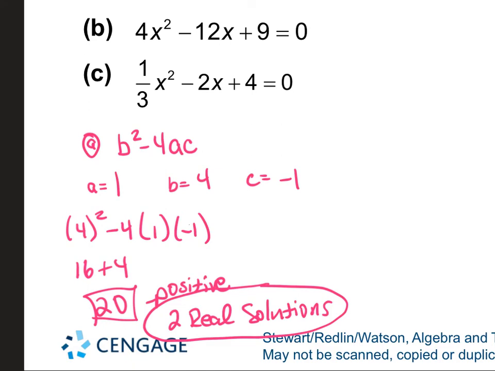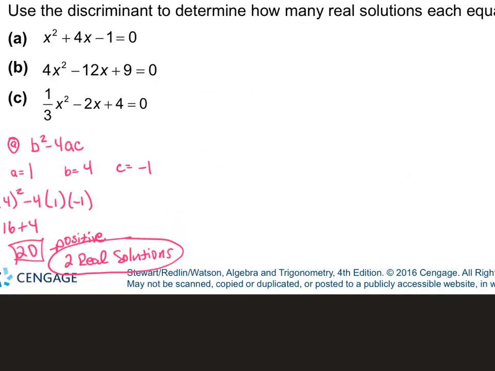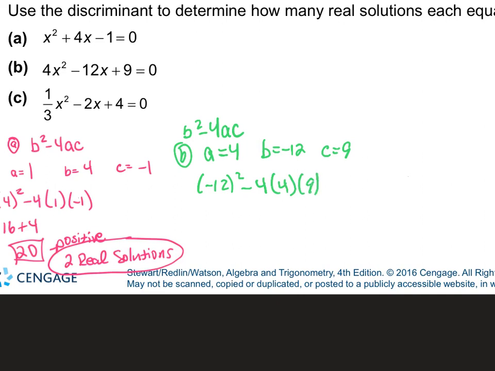So for letter B, I'm going to do the same thing. I'm going to write down the discriminant, b squared minus 4ac. And on letter B, A is 4, B is negative 12, and C is 9. So I have negative 12 squared minus 4 times A, which is 4, times C, which is 9.